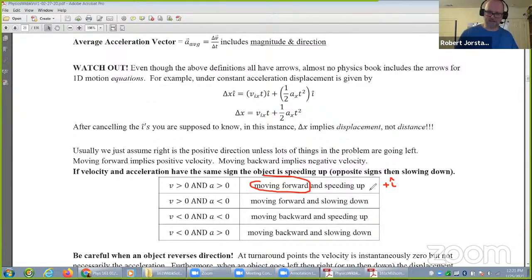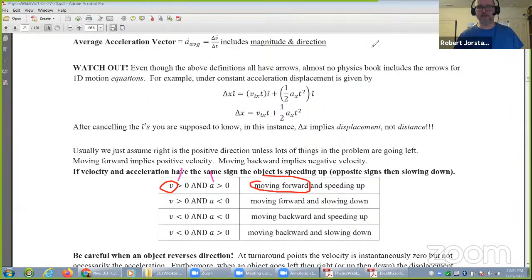One of the things that's confusing for students is the word moving. Moving is not acceleration. Moving talks about velocity. The combination of velocity and acceleration relates to speeding up or slowing down.